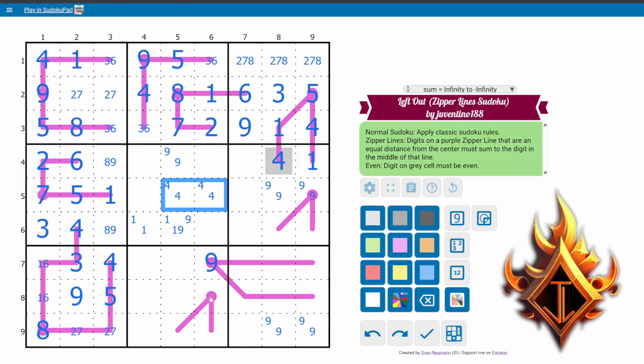One, 2. This can't be 3. 4, 6, 7, 8. Possibly.